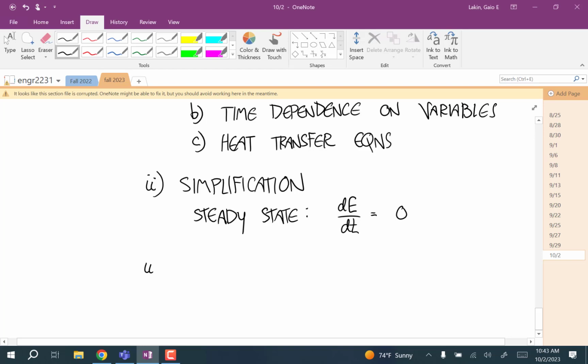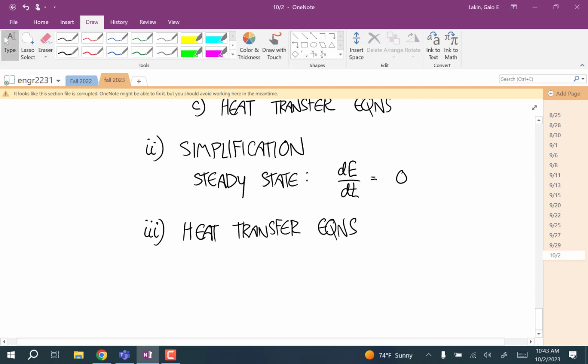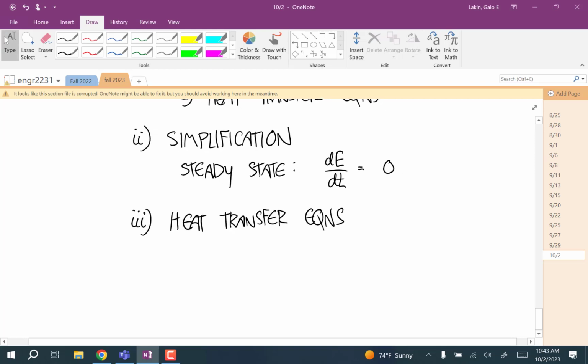Okay, so third, the heat transfer equations. The thing you have to remember with these is, you do the calculations, you use these equations, and your answer is either positive or negative. You can't trust that sign when you go to the first law.